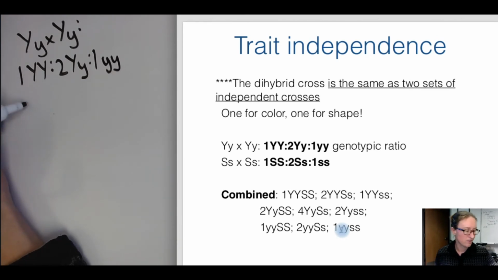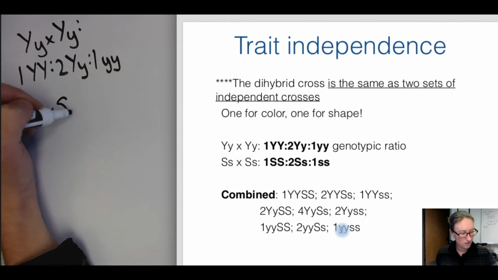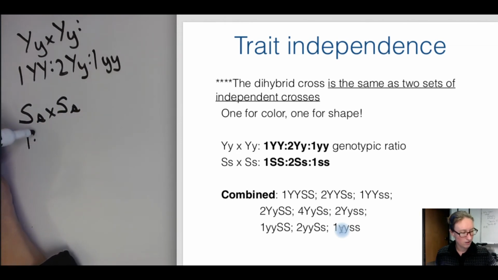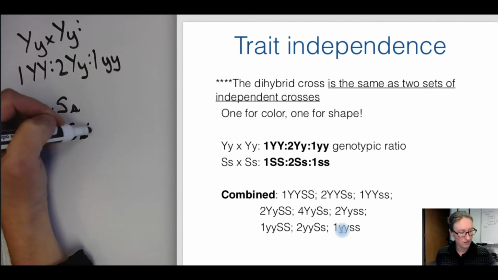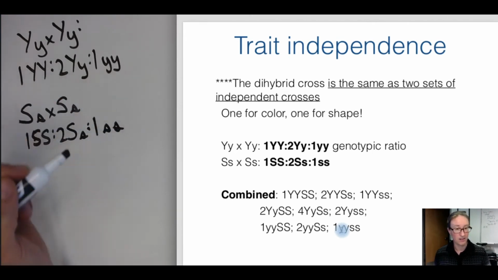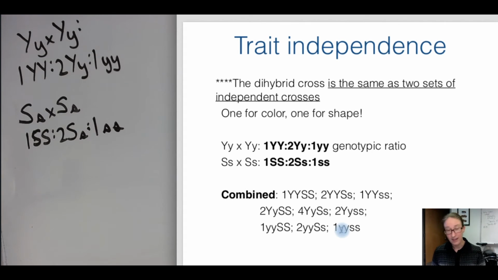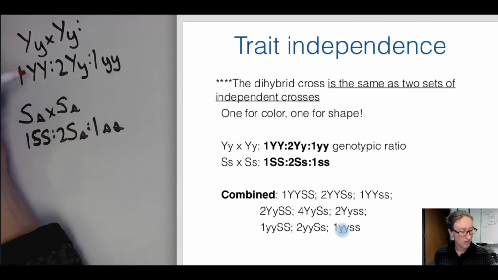And then it's the same show if you're talking about S's, right? So you're going to get a 1 big S to 2 big S to 1 little s ratio. And now you can actually get back to that giant Punnett square if you think about things this way.